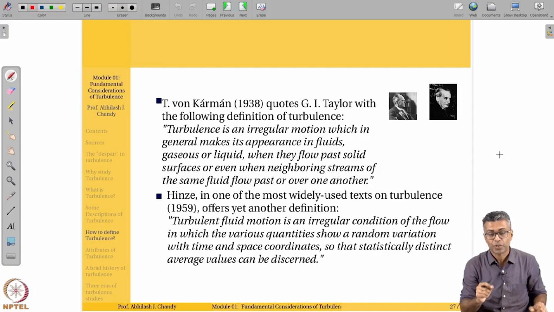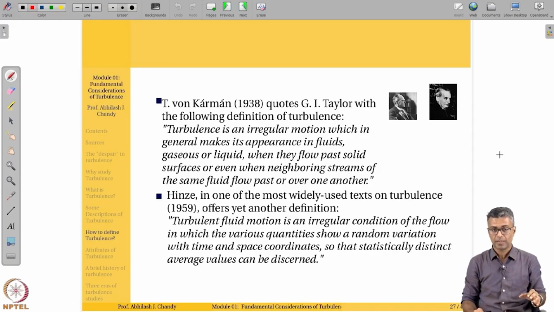A random variation. So he said that it is irregular, and we know it is irregular. He says that there is a random variation of time and space coordinates. That is what it looked like to him, that it is random with space and time.